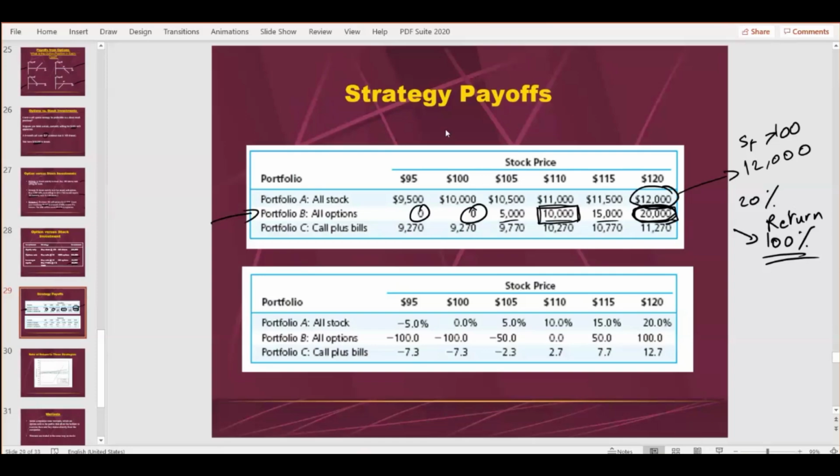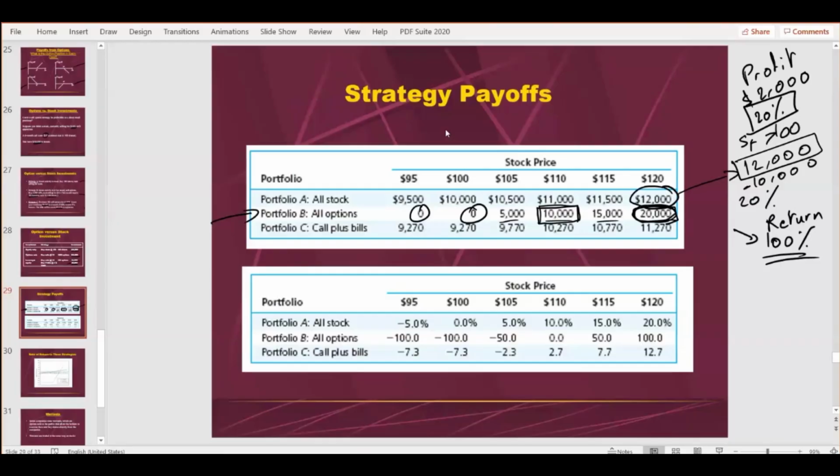That $12,000 already includes the $10,000 that I paid initially. So that $12,000 is the position value. My profit when the stock price is 120 is exactly $2,000, which is a return of 20% on my money. So when I invest all of my money in the stock, my return is the stock return.